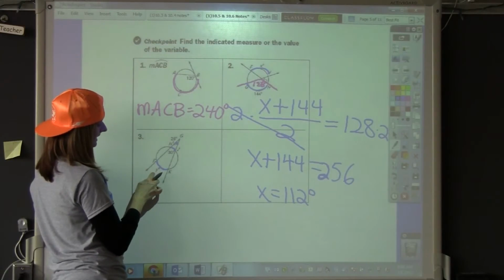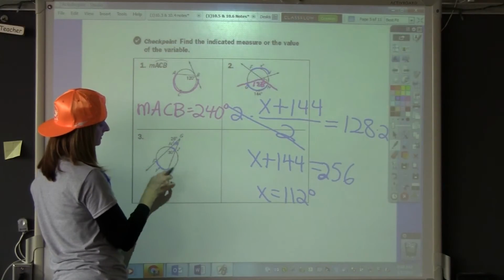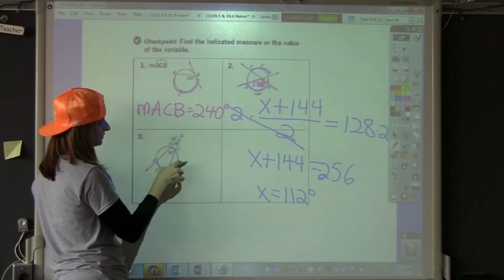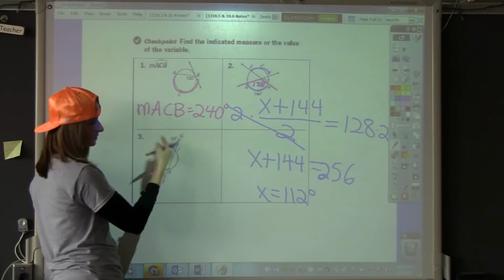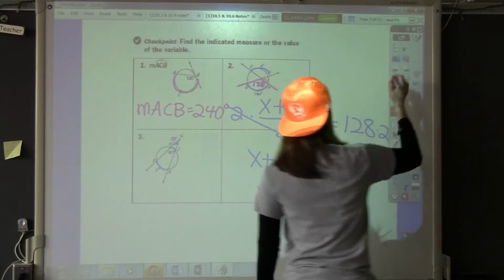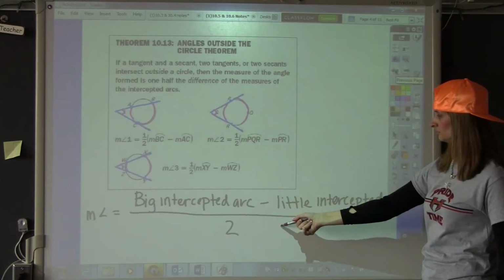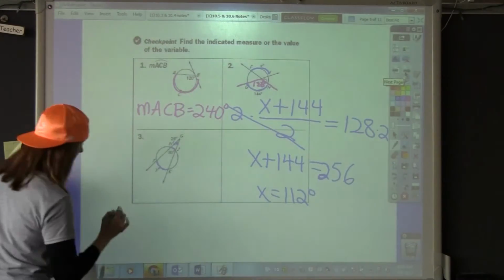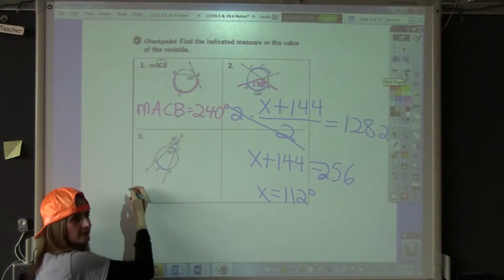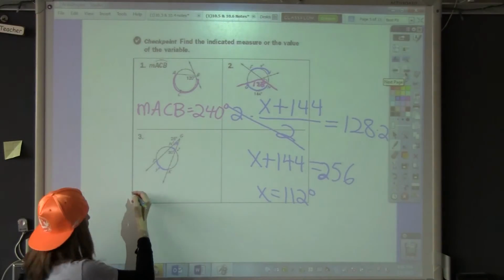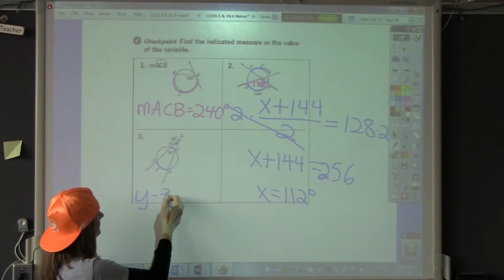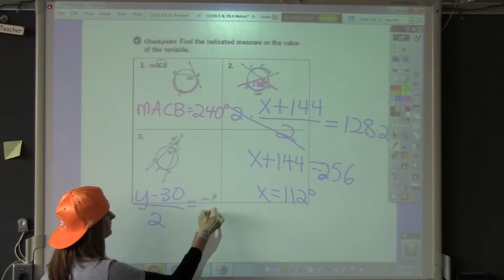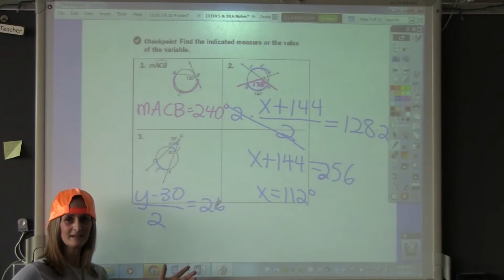That's the y. So the big intercepted arc is y degrees. The little intercepted arc is 30 degrees. And the measure of the angle is 26. So y minus 30, divided by 2 equals 26. That's it.